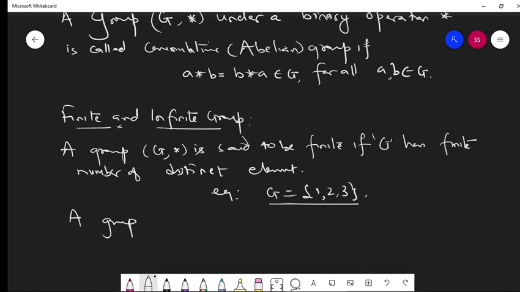We can define this is a set, and the operation. For example, if the elements are 1, 2, 3 and it is under the addition operation.